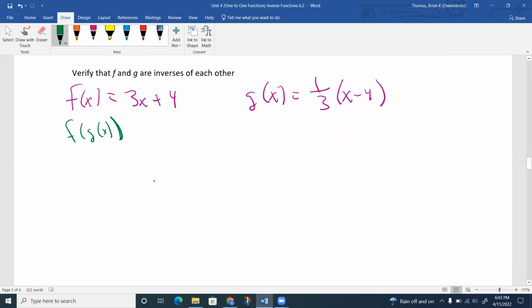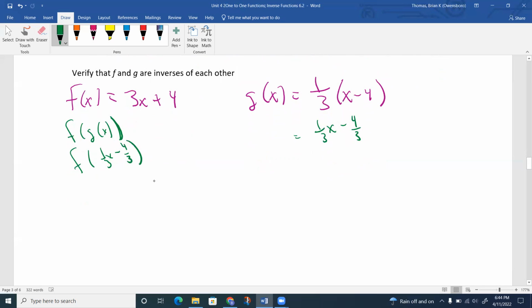This looks like a handful to put in for g of x. So I'm going to multiply the 1/3 through and make this 1/3 x minus 4/3. That's not much better, but at least I don't have all these parentheses. So this becomes f of 1/3 x minus 4/3.